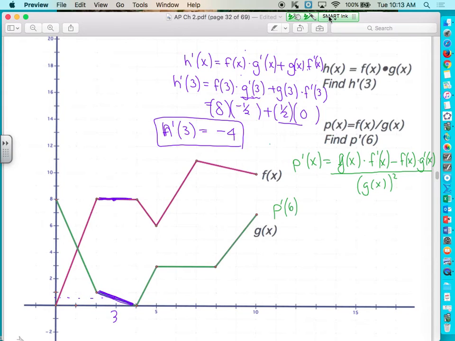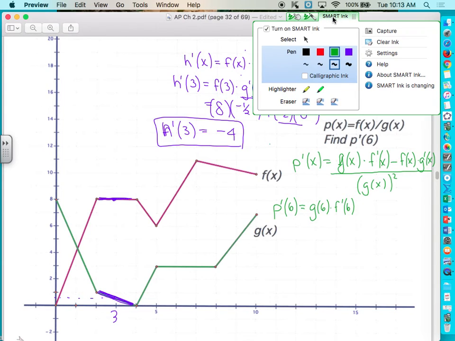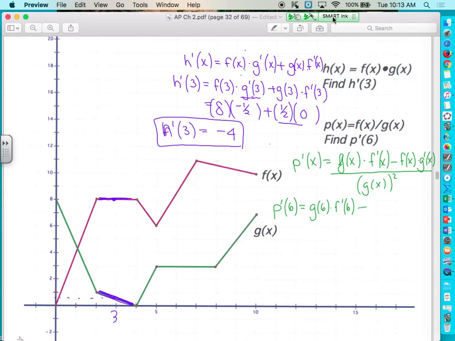And if we plug in that value of 6, I would need g of 6 times f prime of 6, which is the slope at 6, minus f of 6, g prime of 6, all over g of 6 squared.